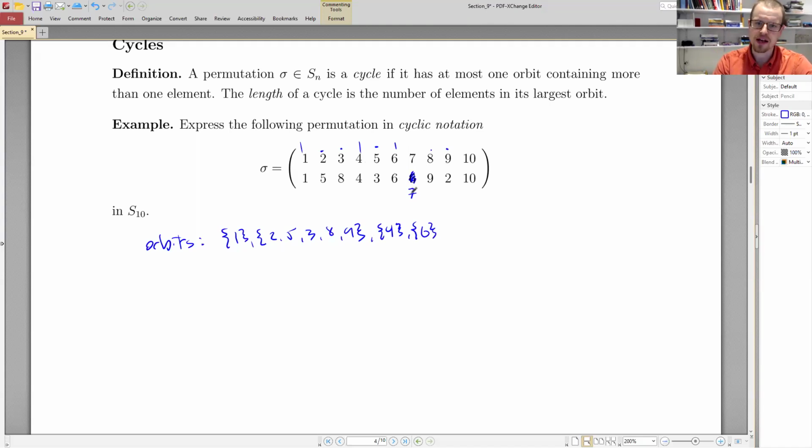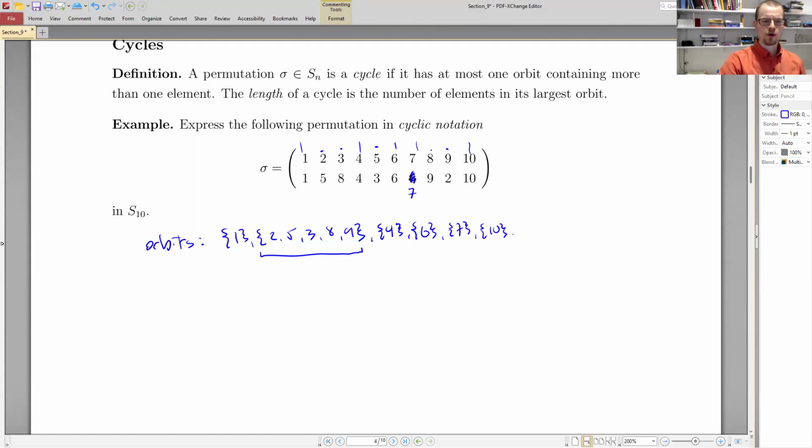So 7 goes to 7. Otherwise, that wouldn't make sense for us. So 7 goes to 7. That's taken care of. And then 10 goes to 10. So those are just one element orbits. The only orbit that is not just one element is this one.